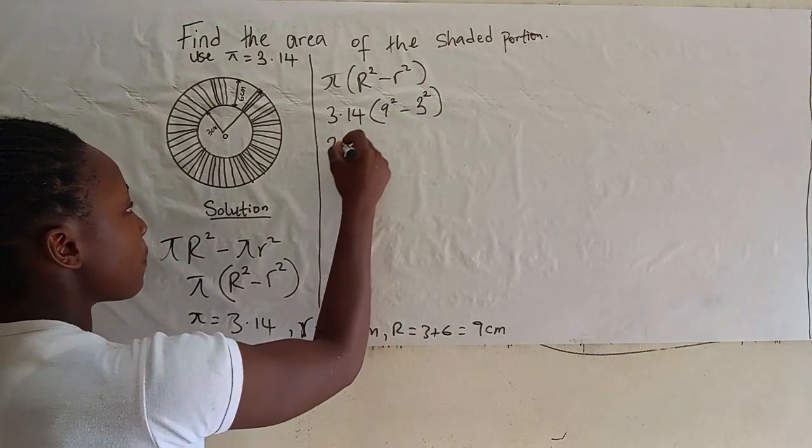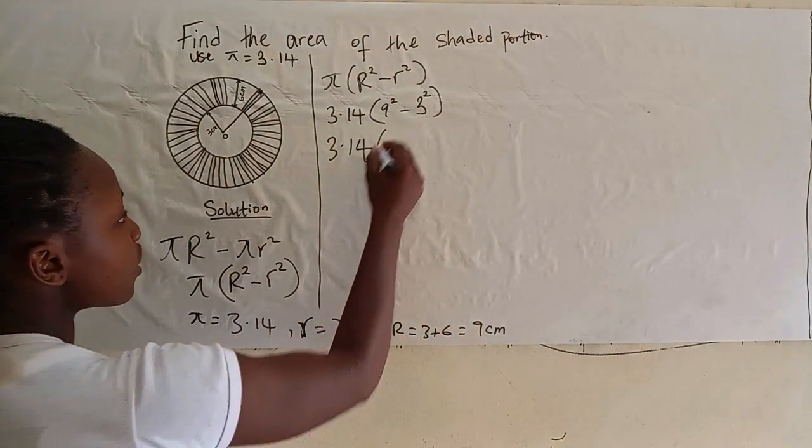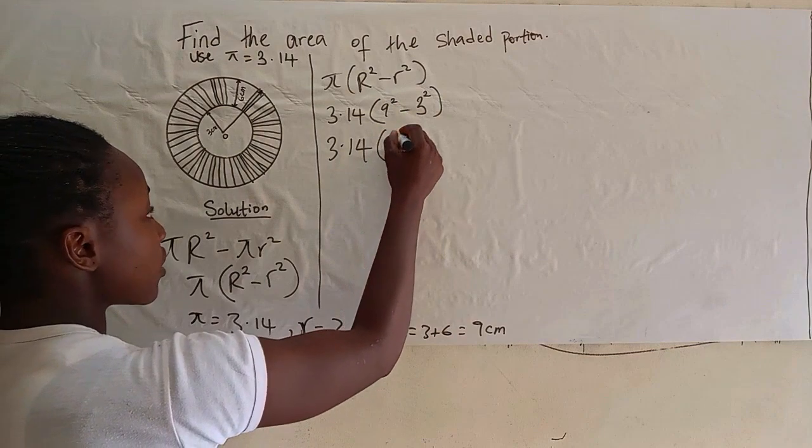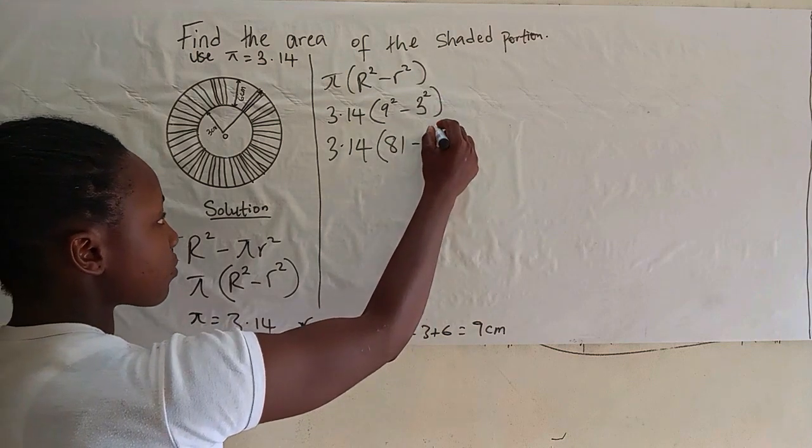We are going to have 3.14, open bracket, 9 squared is 81, sorry, minus 3 squared is 9.